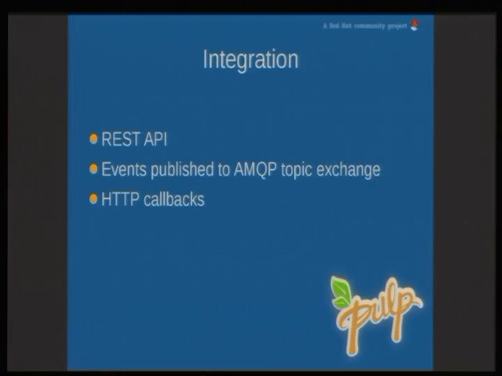The exchange decides which queue should receive the message based on topic. So you subscribe to this exchange, look at what Pulp is doing, what's going on, and when you want to make a response, you just say, I want to kick off a job in Jenkins to test this, just publish the repository to see its correctness and how it's working.